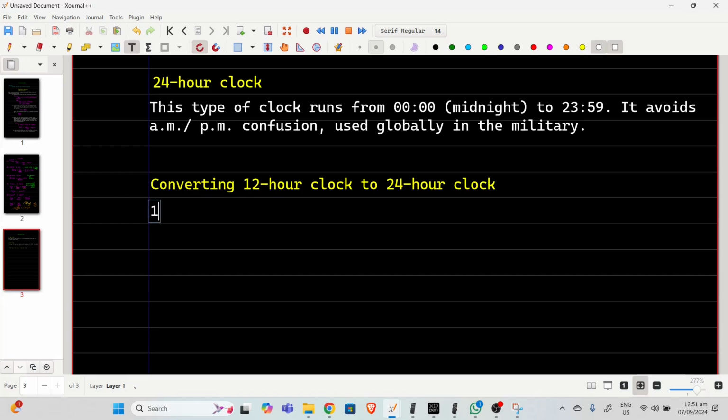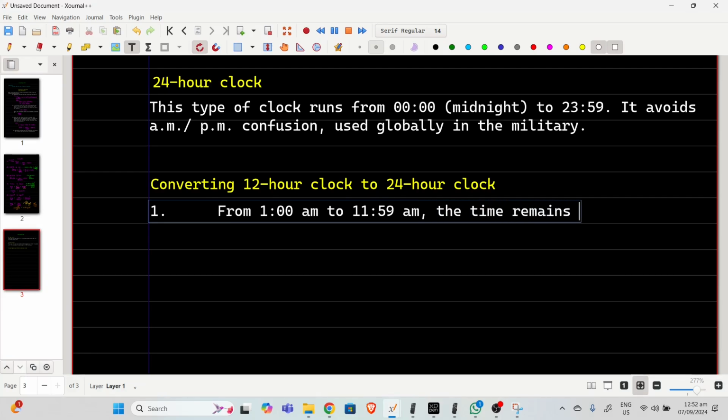Okay. So the first thing is that from 1:00 AM to 11:59 AM, the time remains the same. Right?